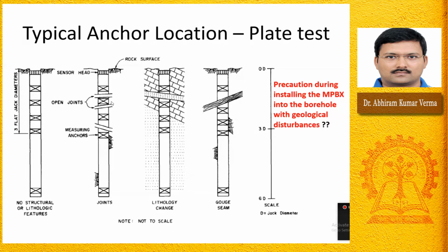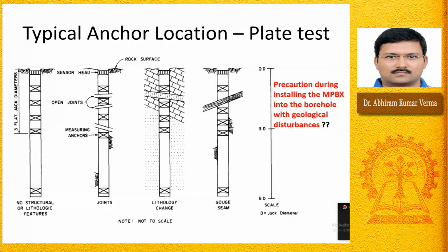Otherwise, this will give you a very bad result. If you have only one anchorage over here, you cannot say that the deformation between this point and this point is, or is not, being contributed by the joints.